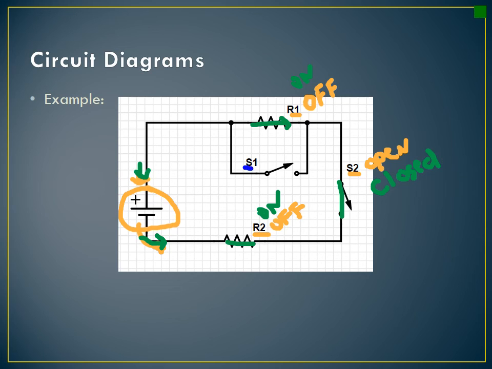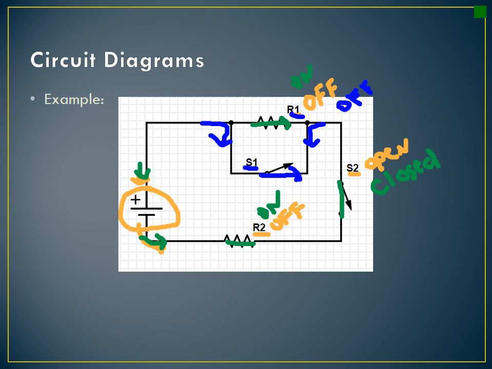So S1, when S2 is closed, is in charge of turning off and on R1. So it's like a secondary switch. If you close it, you create a pathway of lower resistance, and the electrons will avoid R1, and it will turn off again.